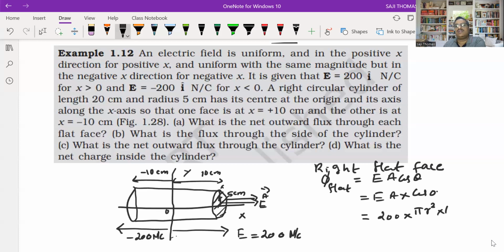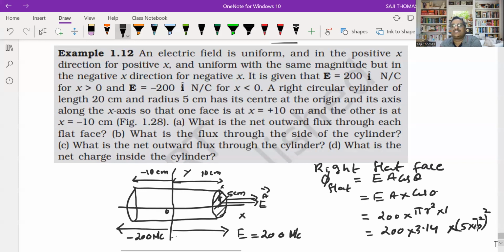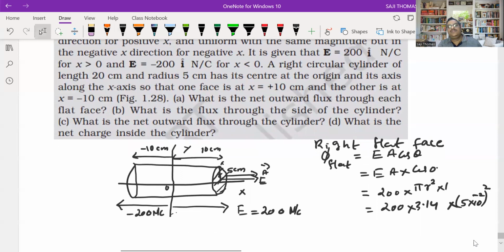Cos 0 is 1. So 200 into 3.14 into 5 into 10 raised to minus 2, squared. This is the flux through the right flat surface. You have to calculate it.